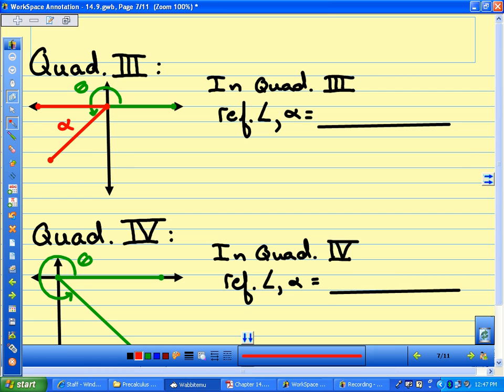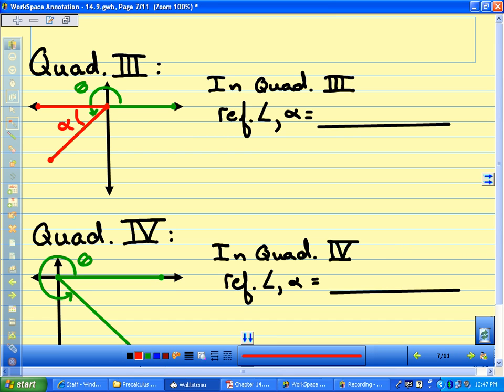Well, how are we going to compute alpha now? How are we going to find this angle right here that's in between theta and 180? Quadrant 2, we took 180 degrees and subtracted off theta, because theta was the smaller angle.